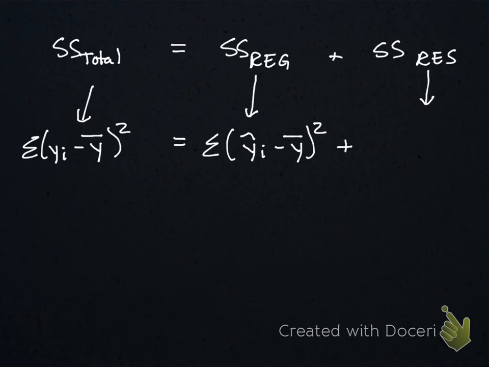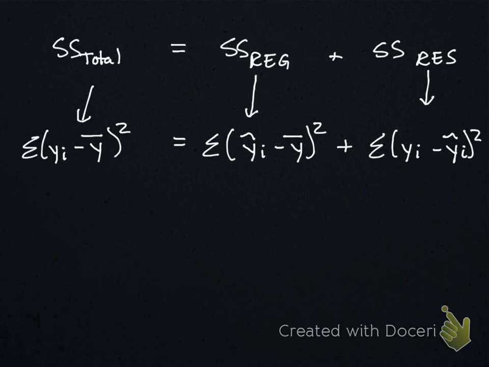This is the error in the prediction, and this is equal to the sum of each person's actual score on y minus their predicted score on y, squared. If you recall from that scatter plot, that was the deviation between each person's actual scatter point and the regression line. And remember that we have to go through and solve that regression line equation for each person to do this, but in reality, R is going to do this in the background for us.